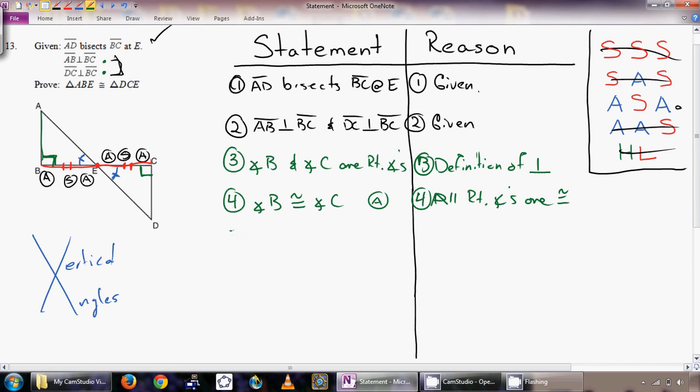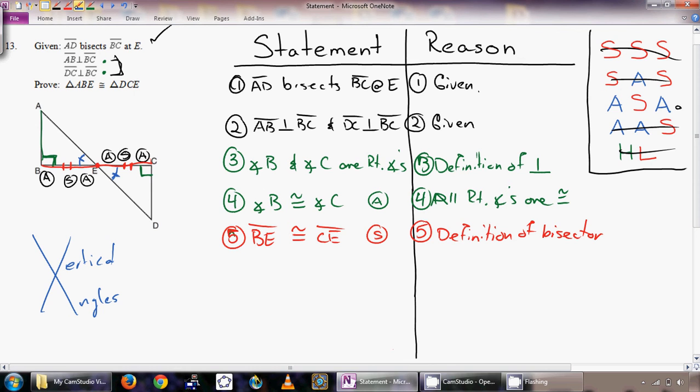And then the next thing we did in our diagram was that BE, that red segment, is congruent to CE. Right, there's a side. And how did I know that? Well, that was the definition of a bisector. And that's my first statement, right? I state that AD is bisecting BC, so it creates those congruent pieces.